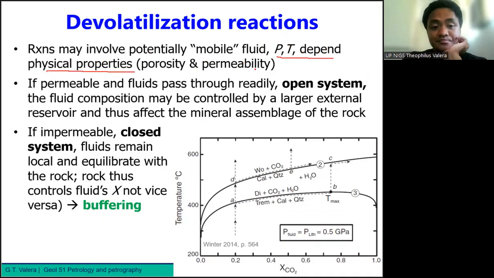So what does it mean? Basically, if you have a rock which is permeable, and let's say this is our rock, which is permeable, and you have a water reservoir below.